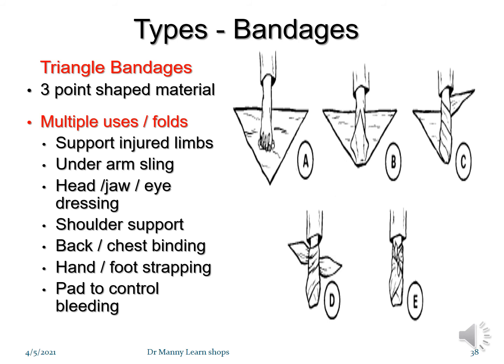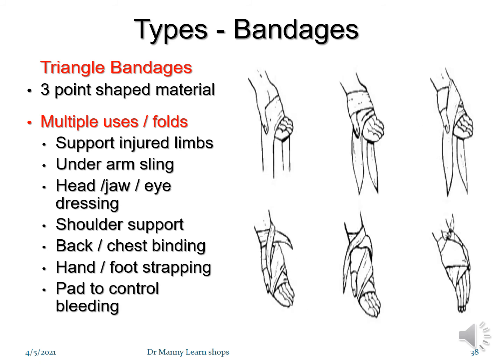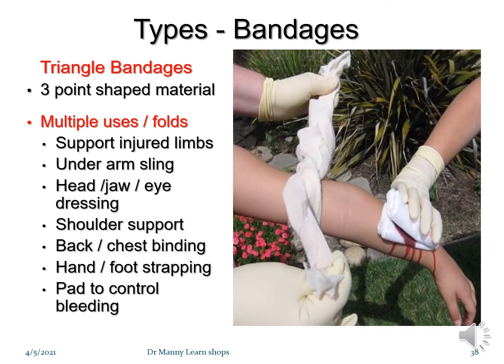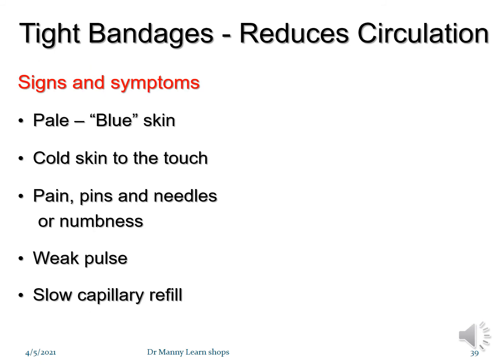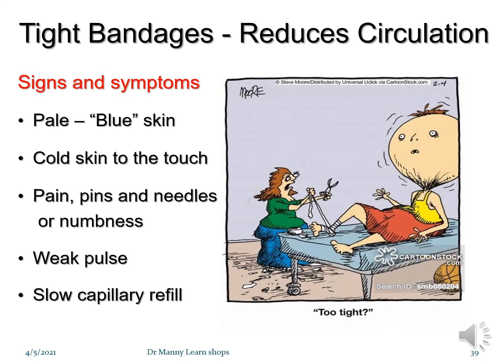It can be used to support or strap the hand, arm, as a tourniquet even, to control hemorrhage or bleeding. Tight bandages, if that's not your objective as a tourniquet, remember they can reduce circulation.